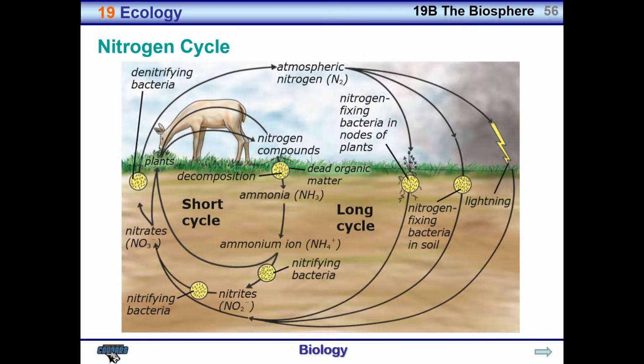Now, to a much smaller extent, lightning can convert nitrogen into compounds that can enter the nitrogen cycle, but it's just to a small extent. And nitrogen compounds that escape the short cycle can be offset by the nitrogen fixation of the long cycle.